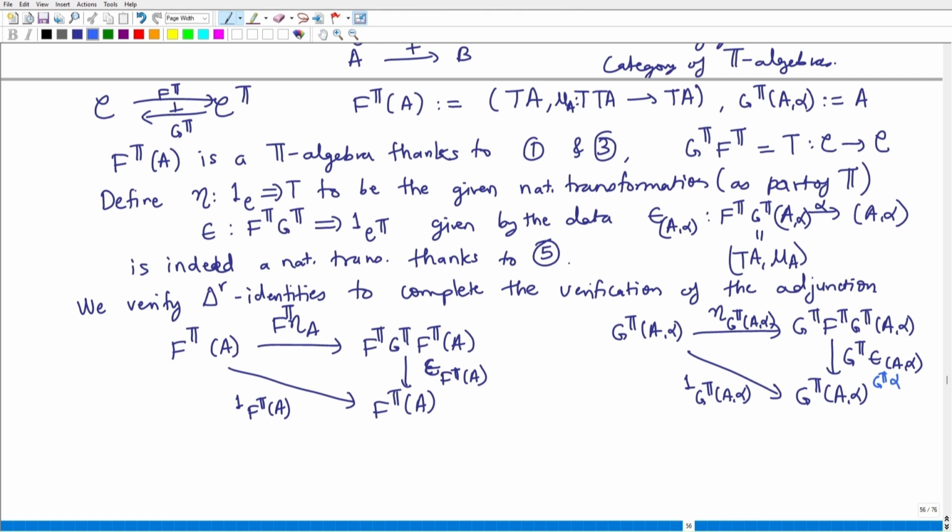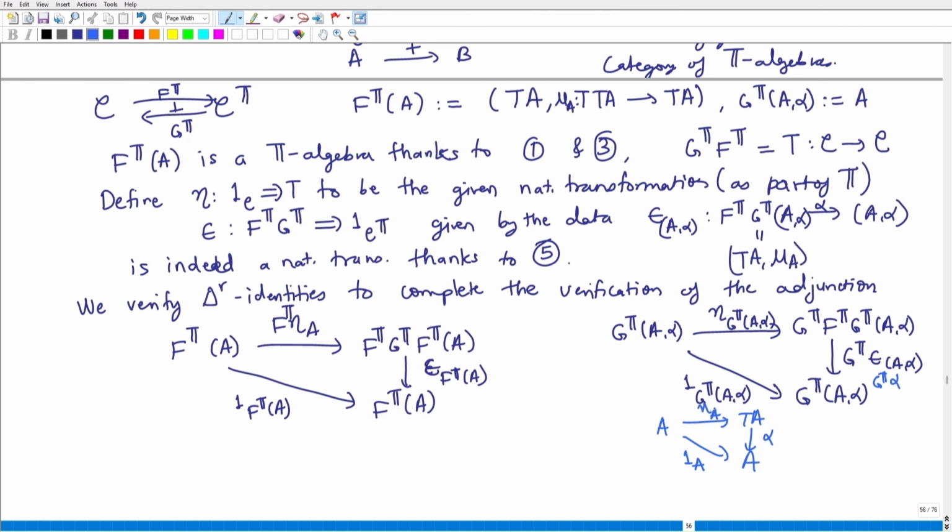A. So this is a mapping from A to A. Maybe I should write it A to A. This is 1_A. Then G^T of (A, α) is A. F^T of that is (TA, μ_A), and TA, μ_A, we forget μ_A. So we will get TA. And this is just G^T of α. Well, what do we remember over here? Yeah, just α, and η sub G^T(A, α), so η_A.